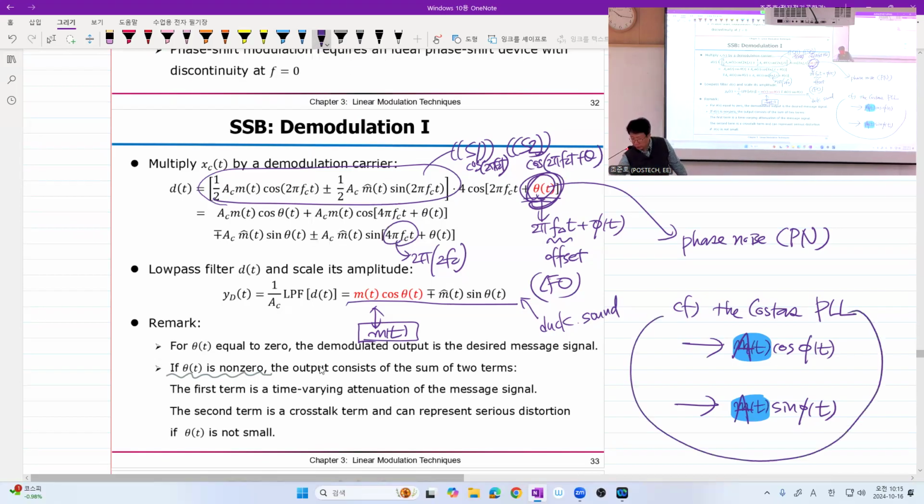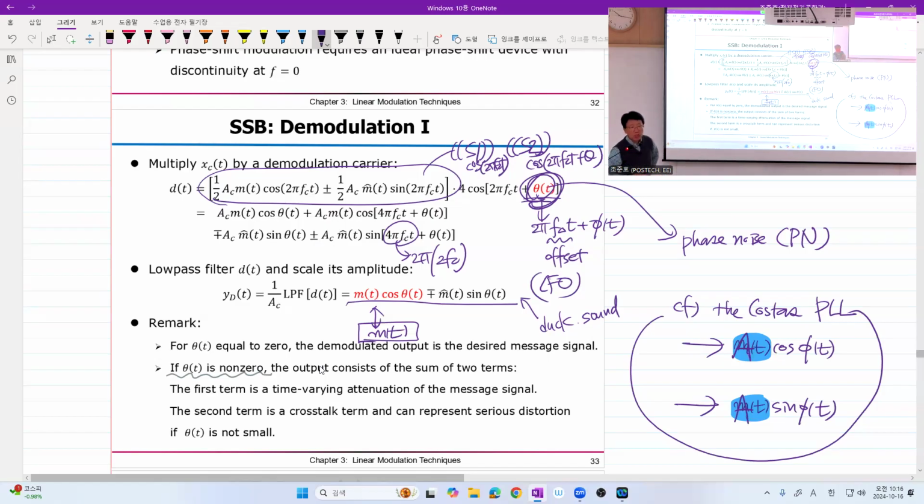Here you have m of t, the message, multiplied by cosine, and its Hilbert transform multiplied by sine. So they are different, got it? So the Costas PLL can somehow recover this phi of t part if it is correctly implemented or well approximated.